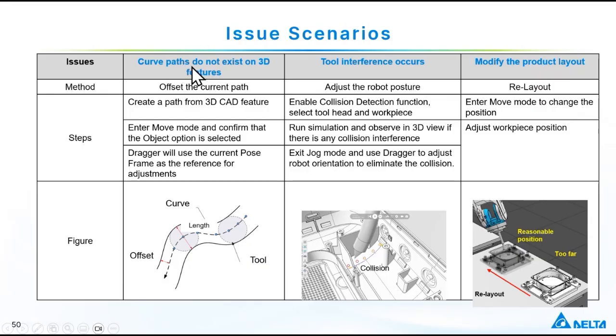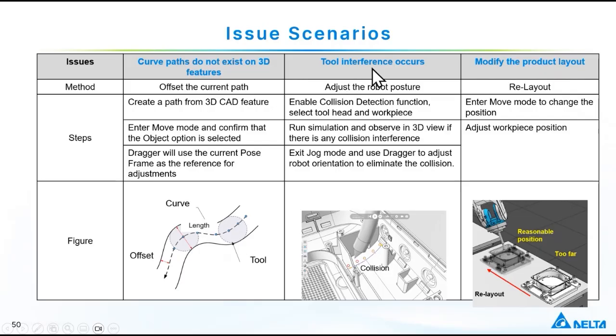The curve we wanted the tool to manipulate is quite different from the curve on the surface. There's an offset between the curve and the desired path. So what we can do, we can tell you later.